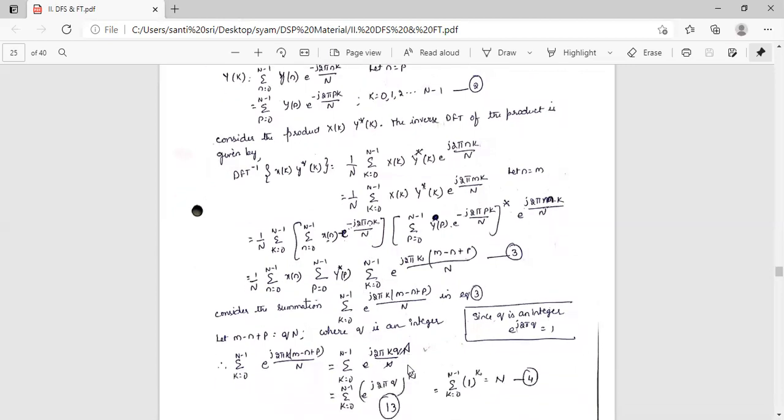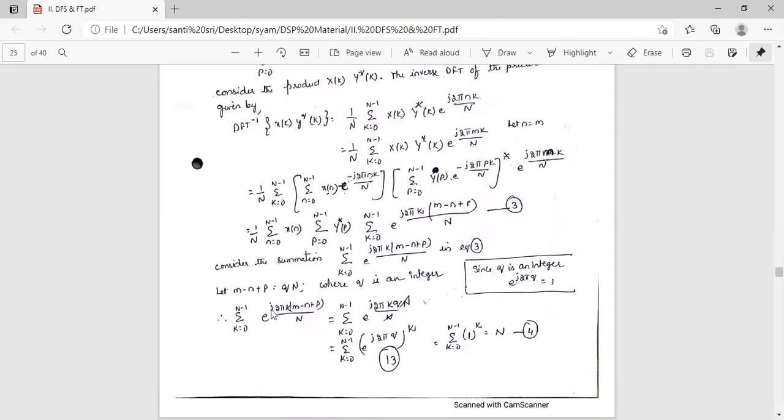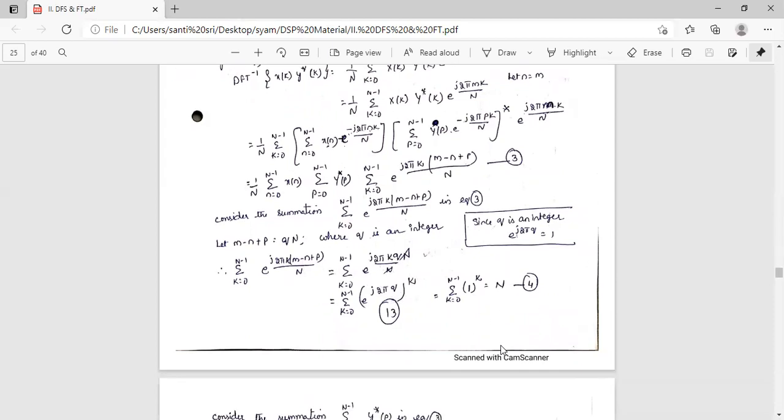So let m minus n plus p is equal to qN, where q is an integer, so that e power j 2 pi q will become 1. So it will become e power j 2 pi k by N into m minus n plus p, where m minus n plus p is qN. So qN by N, so e power j 2 pi q is nothing but 1. So 1 power k, it is equal to N, that is equation number 4.